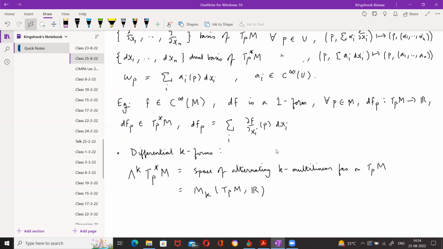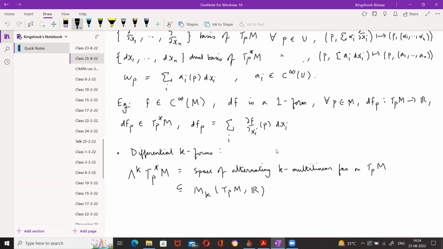Oh, sorry, this is not all of M^k. I didn't give a notation for this. Anyway, this is a subspace of M^k(T_pM, R), which is the full tensor product of T_p^* M. This is a subspace of that, right?